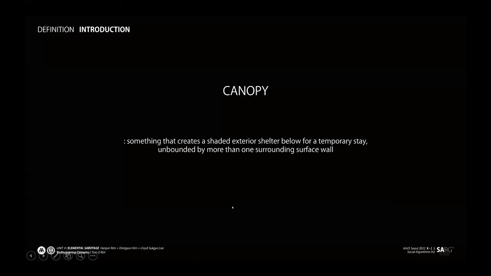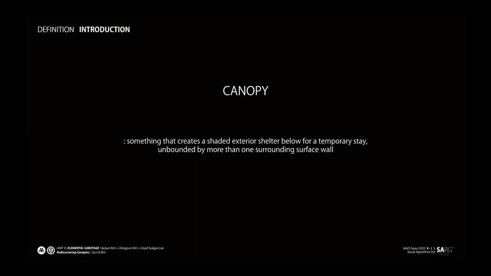So first of all, we had to come up with our own definition of a canopy. I thought a canopy is like a roof, but it has a more temporary aspect to it. So in my definition, it is something that creates a shaded exterior shelter below for a temporary stay, unlike roofs, which are usually solid and permanent structures.